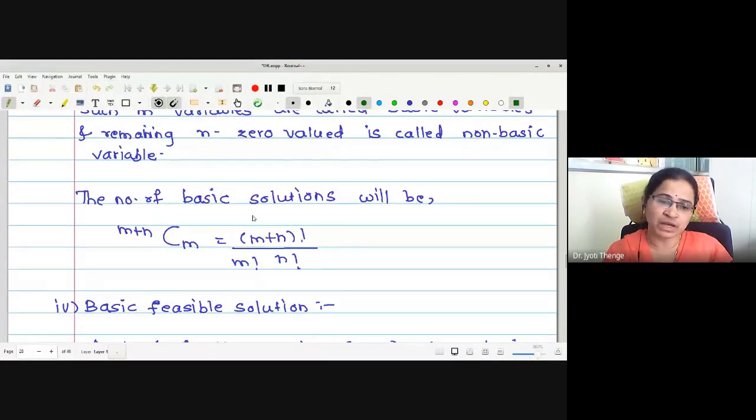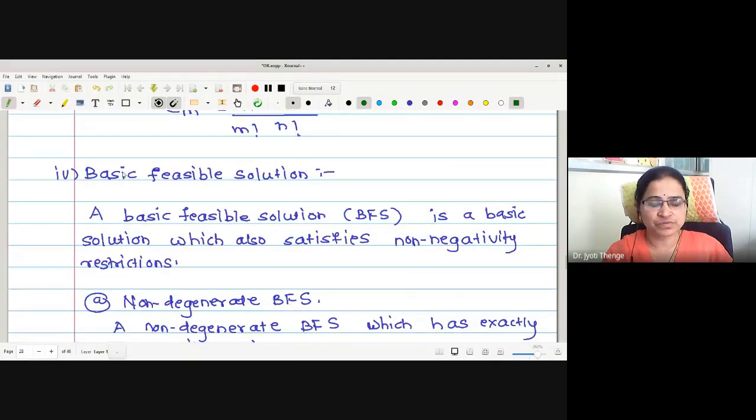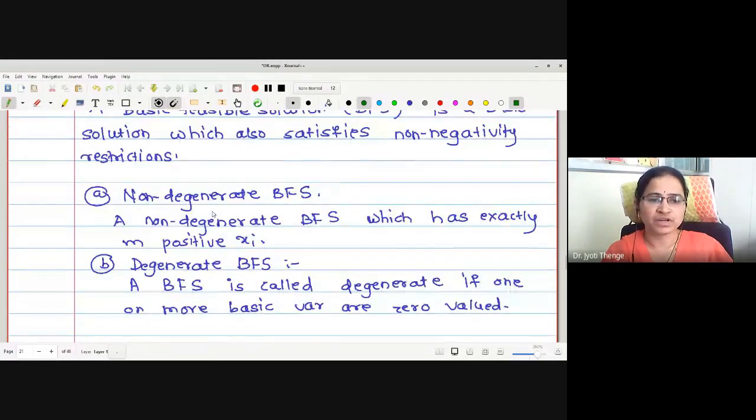Therefore, how many basic solutions do we have? Actually, we have to select m non-zero variables among m plus n. Therefore, this is just a combination, m plus n C m. What is a basic feasible solution? A basic solution which is also feasible, or which also satisfies the non-negativity restriction. There are two parts: non-degenerate and degenerate.